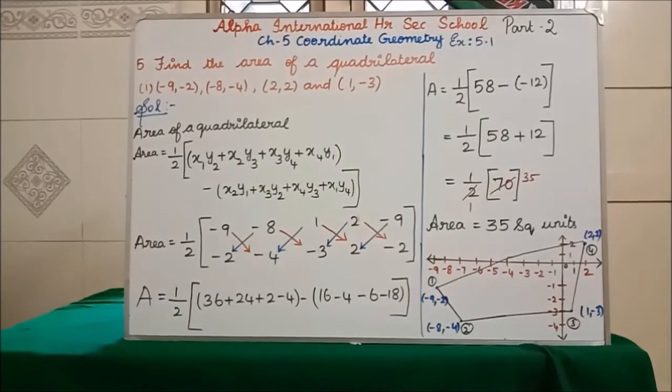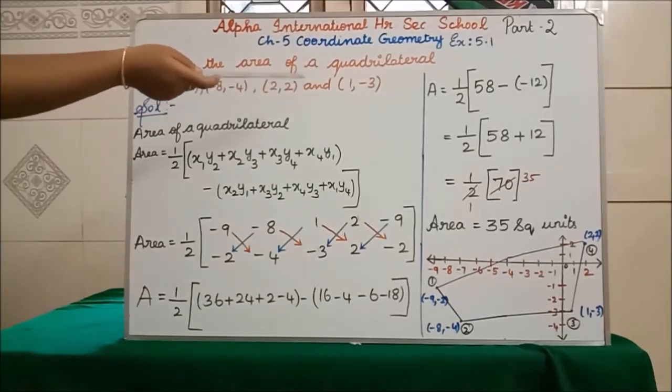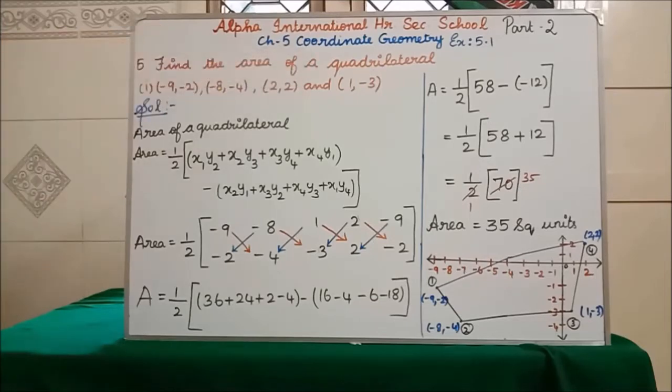This is our 5th question. Find the area of a quadrilateral. They have given the 4 vertices: minus 9, minus 2; minus 8, minus 4; 2, 2; and 1, minus 3. I have written area of a quadrilateral.